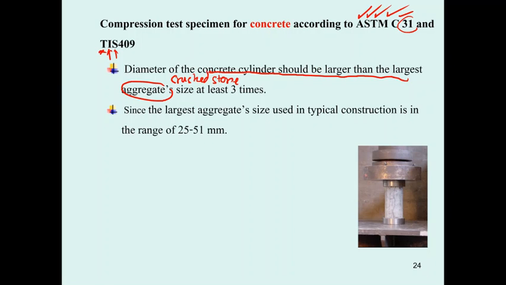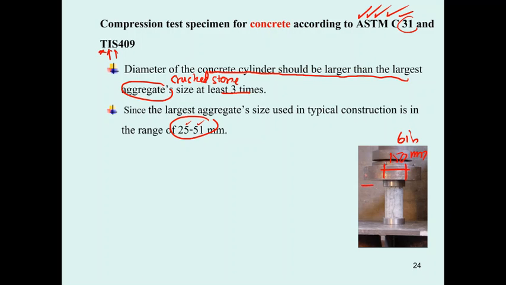The size of the crushed stone that we use is about 1 inch to 2 inch, or 25 millimeter to 51 millimeter. So that's why the code specifies 150 millimeter or 6 inch.